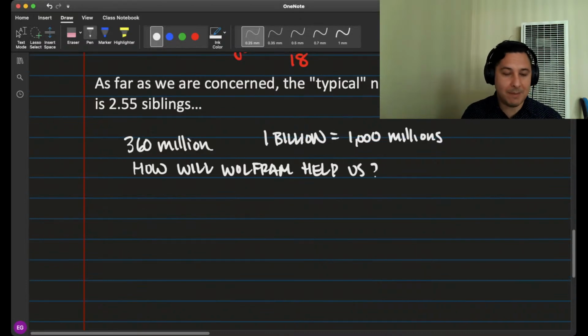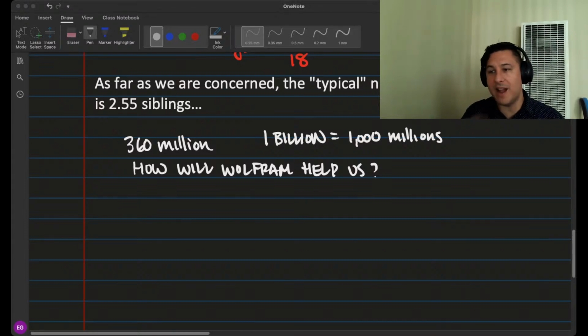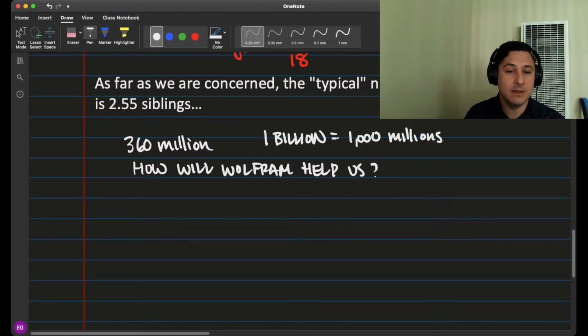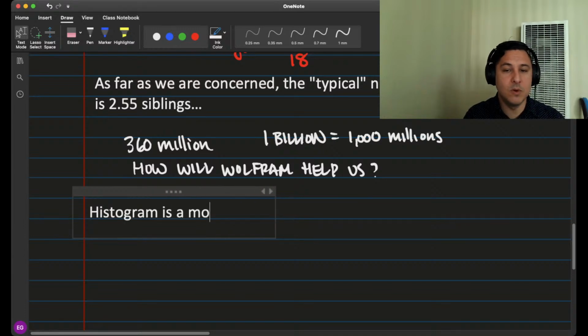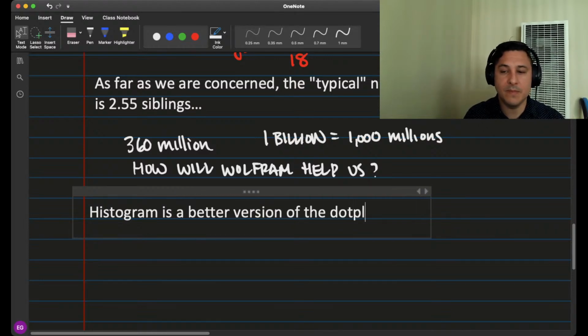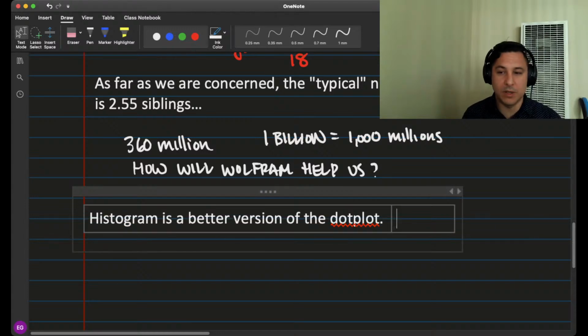So the dot plot, it's a nice graph. It's easy to look at, but there's a better graph that we're going to be dealing with. And it's called the histogram. So the histogram is a better version of the dot plot, basically. I'm going to explain to you how this works.